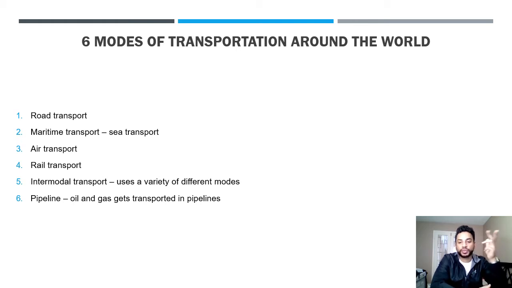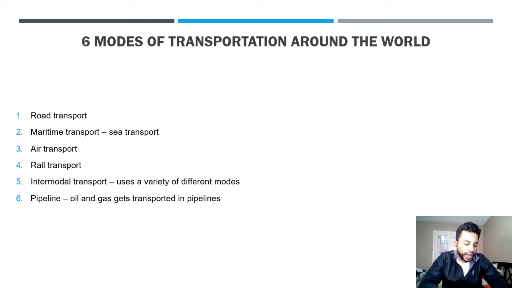Air transport, planes. Rail transport, you use rail cars. Intermodal transport uses a variety of different modes. And then pipeline gets oil and gas transported in pipelines, like how Alberta has a pipeline going all the way down into the U.S. That's one of the modes of transportation.